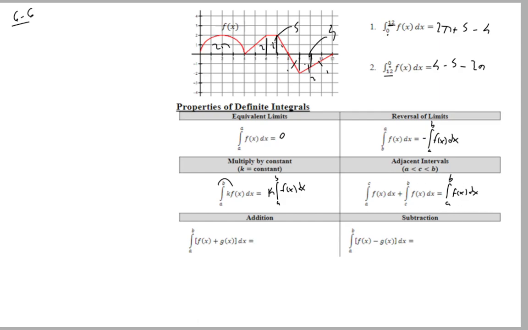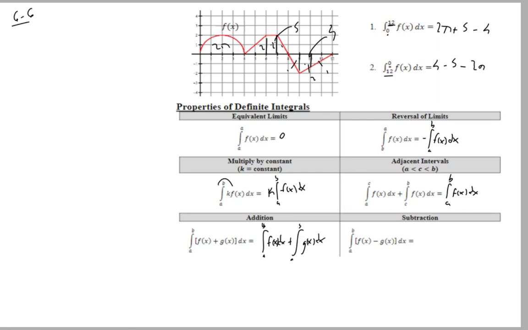And then addition would be: here we have the integral from a to b of f of x plus g of x. That would be the same thing as the integral from a to b of f of x dx plus the integral from a to b of g of x dx.